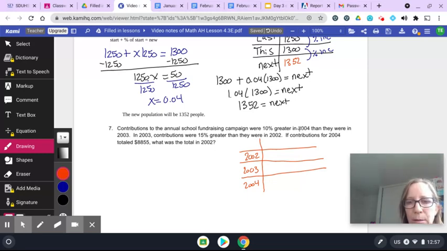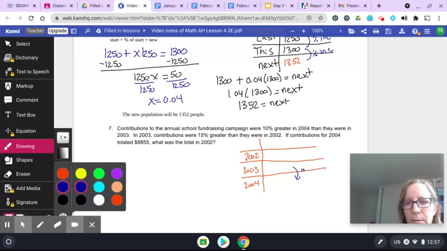Okay, so here we had an increase of 10%. In 2003, the contributions were 15% greater than they were in 2002. Okay, so from here to here, we had an increase of 15%.